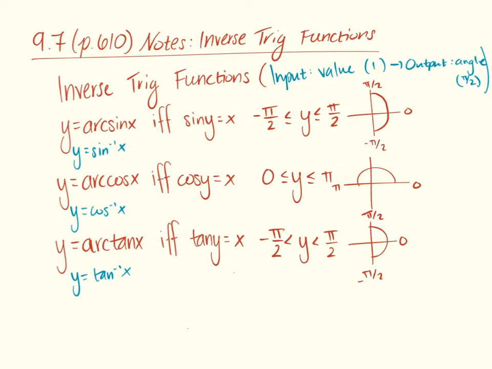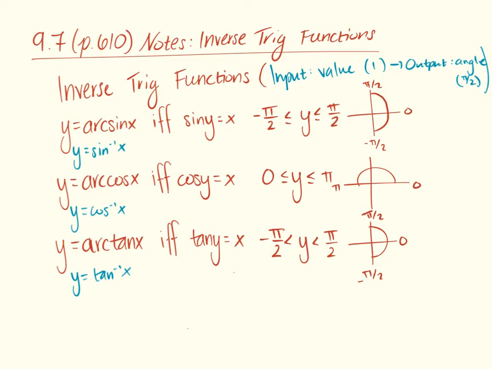Your range is limited with arcsine, and that's because trig functions are periodic. So there can be more than one answer, right? But we only want one. So you are trapped for your angles between pi over 2 and negative pi over 2. So that means you have 0 to 90 and 0 to negative 90. Not anything greater than that or anything smaller than that in the case of the negatives, okay?